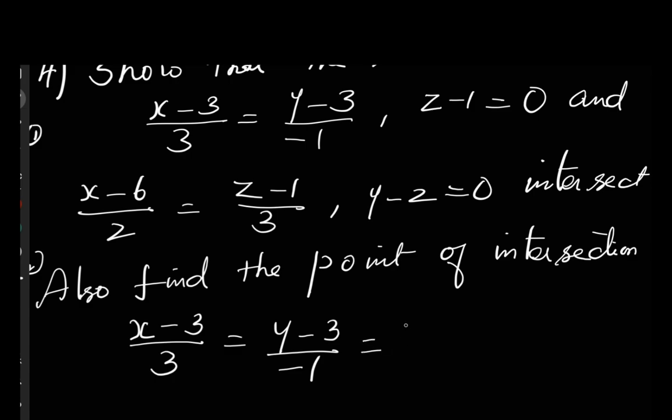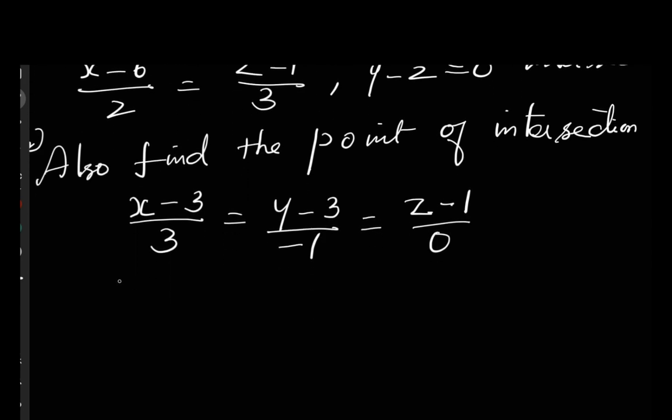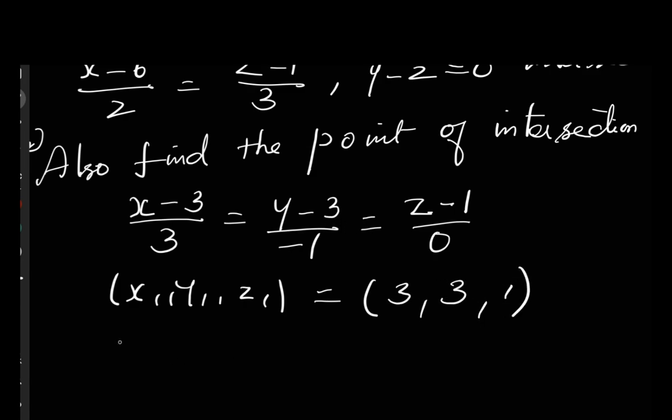Let me take this as equal to, so the denominator you bring the 0 to this side, so (z minus 1)/0. Here the point x1, y1, z1 is equal to, take minus 3, so this is plus 3, and 1.